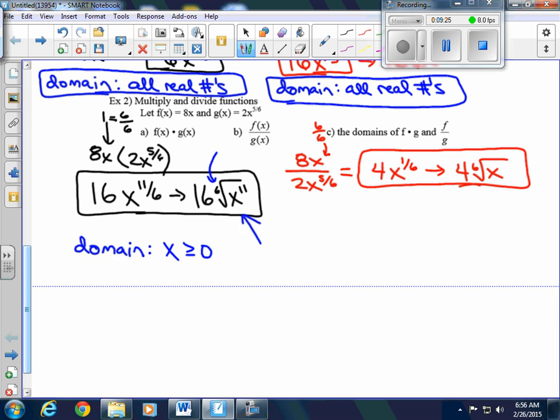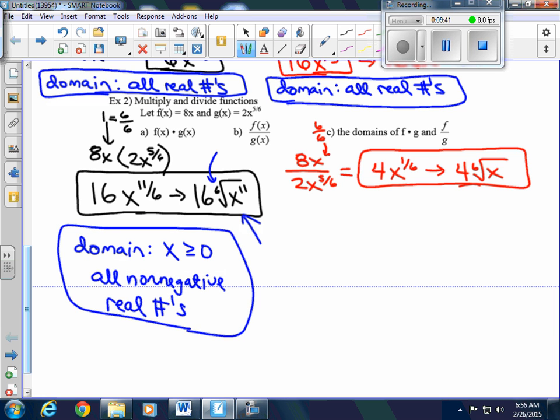And in the book, they're going to write it as all non-negative real numbers. So that's our domain in this case. All non-negative real numbers. 0 works, and the positive numbers work.